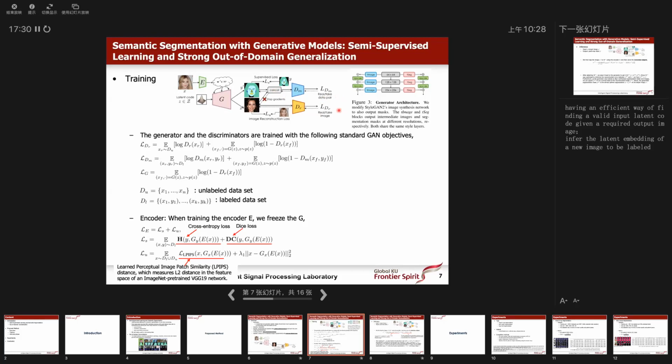In the original GAN, we use the discriminator to distinguish between the real and fake image. And here, the DM is designed to distinguish between the image-label pair. We can input the reconstruction and segmentation pair to the discriminator.